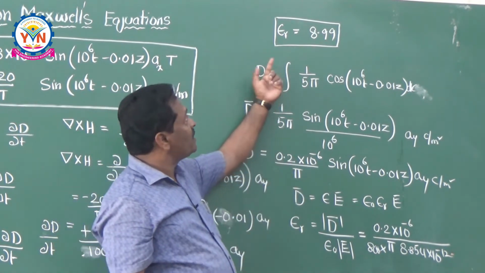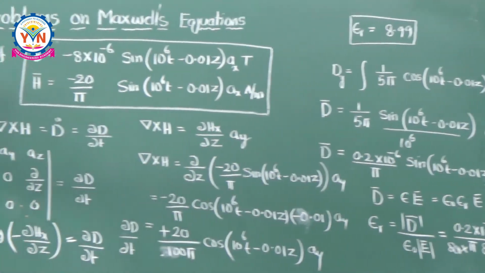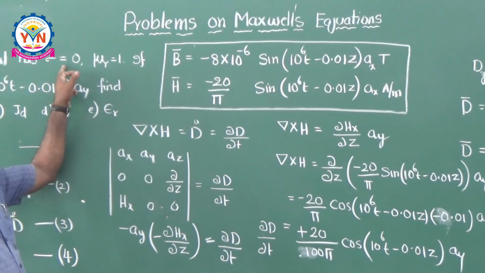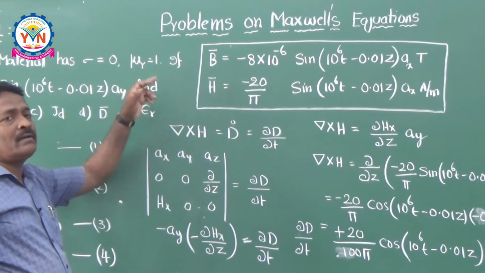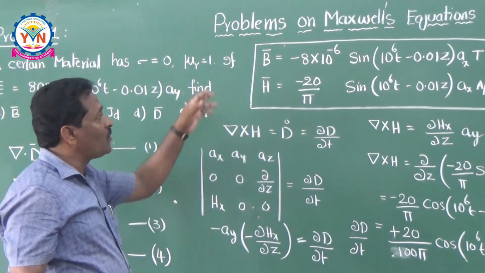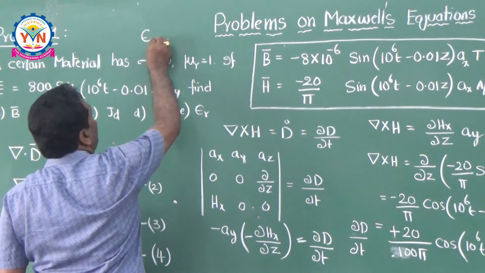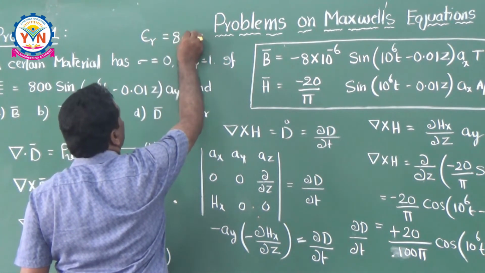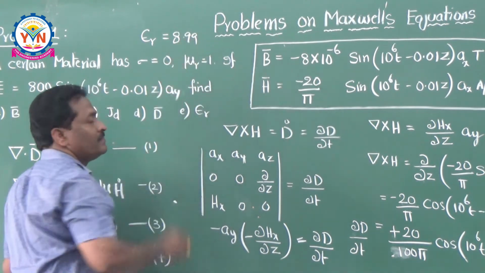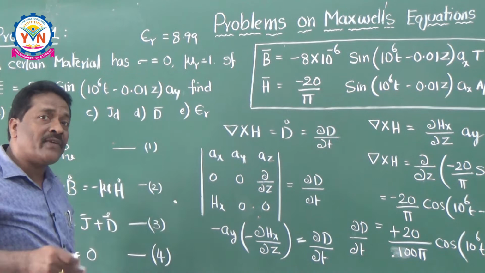After seeing this calculation, I can say sigma is equal to 0 means lossless medium. Mu r is equal to 1, relative permeability is almost 1 for all the materials. But just now we got epsilon r is equal to 8.99. That means the wave is propagating in a perfect dielectric.